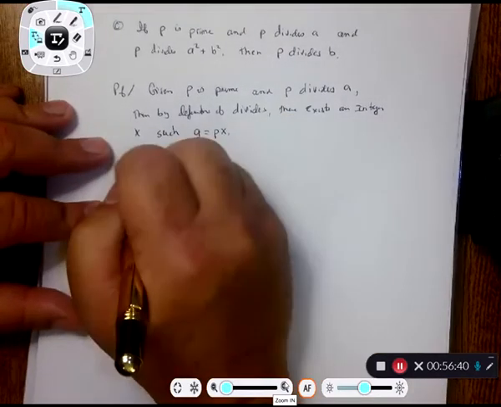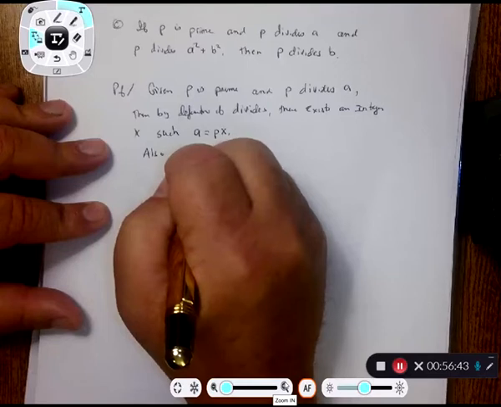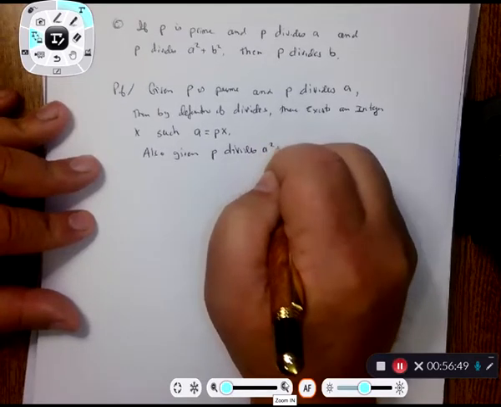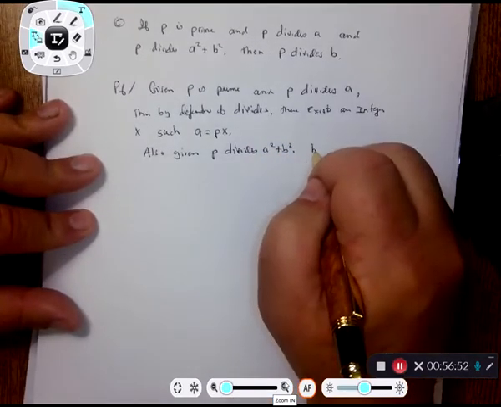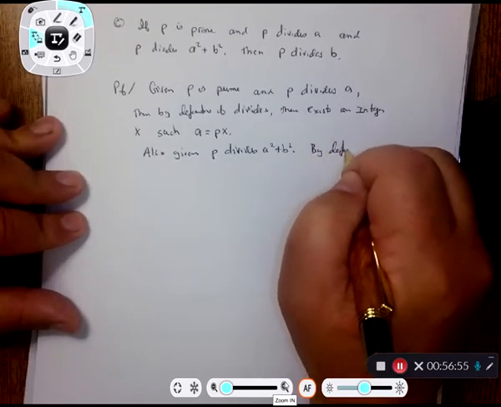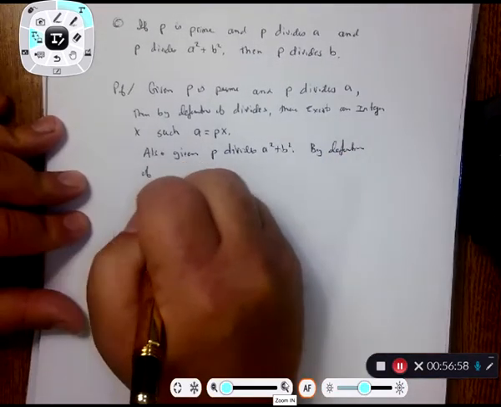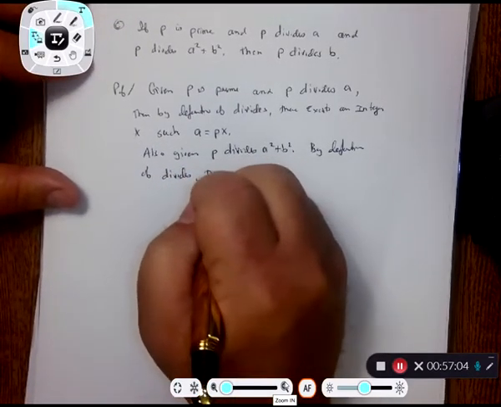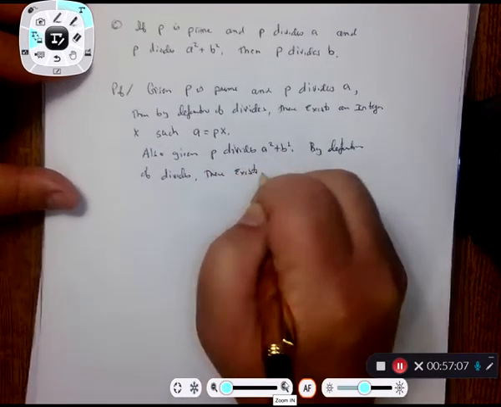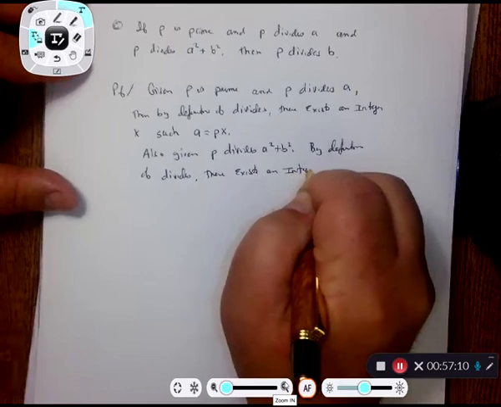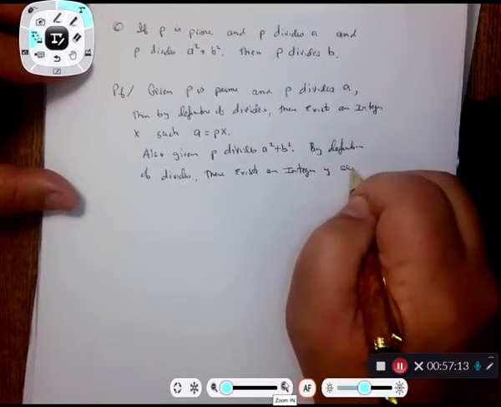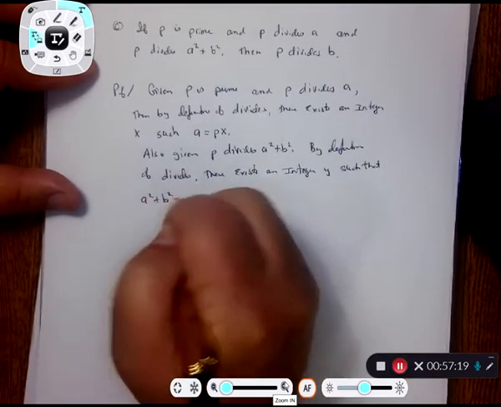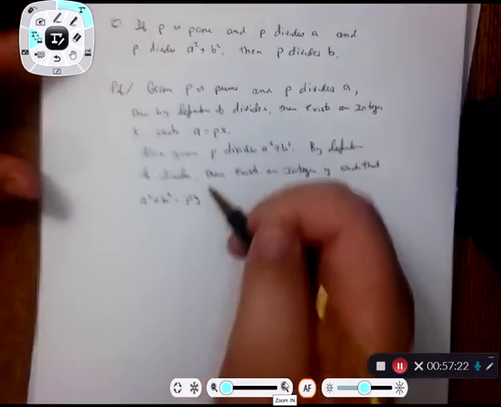Also given, P divides A squared plus B squared. Again, by definition of divides, there exists an integer y such that A squared plus B squared is equal to P times y.